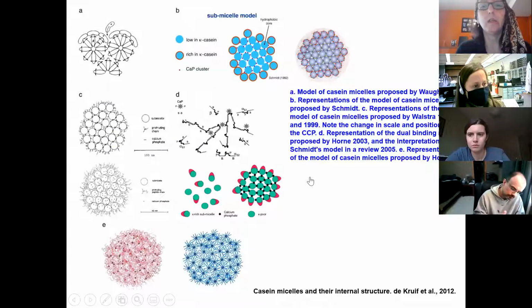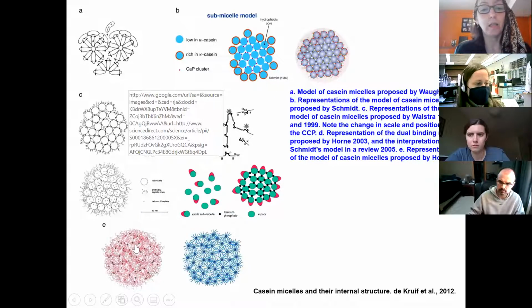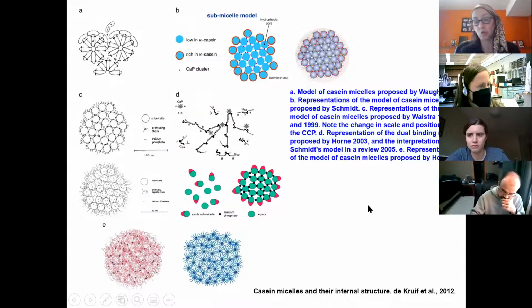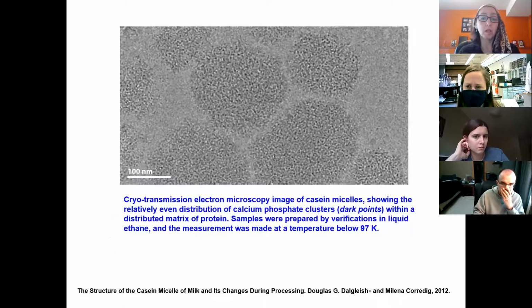So this is just an illustration of the different models, the submicelle model and the nanocluster model. It's just a nice picture that I thought would be nice to have and see.